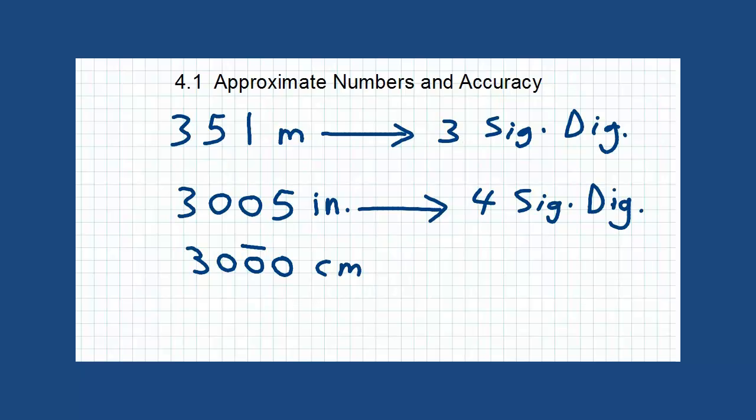Since this number is significant and the tagged 0 is significant, the 0 between them is also significant because of step 2. So here we can say that we have 3 significant digits.